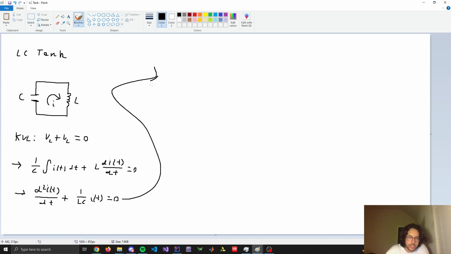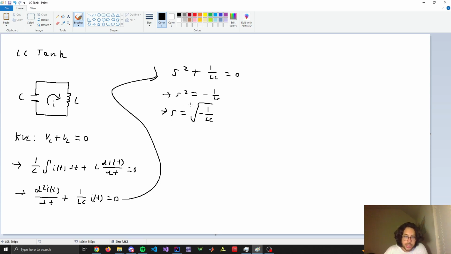Now the characteristic equation is just S squared plus 1 over LC is equal to 0. Or S squared is equal to negative 1 over LC, or S is equal to the square root of negative 1 over LC. So it's a square root of a negative number.